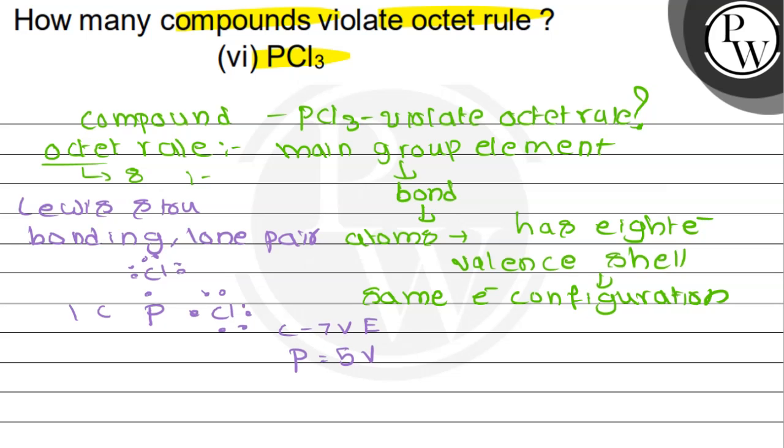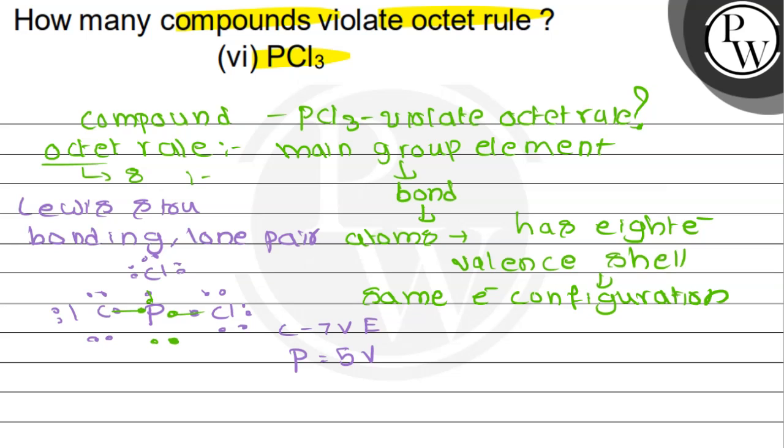On each chlorine, how many electrons? 7 valence electrons. Now on phosphorus, 3 of the 5 valence electrons are involved in bonding, and 1 pair exists as a lone pair.